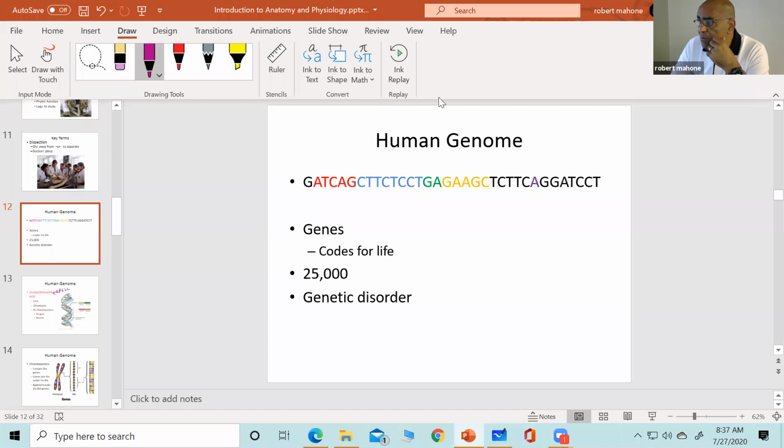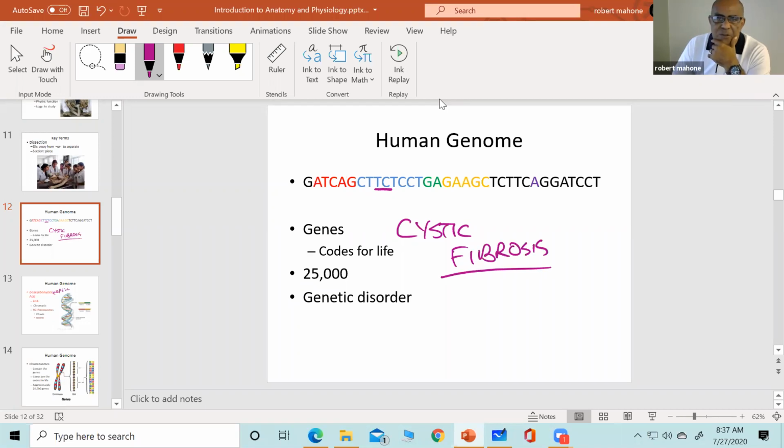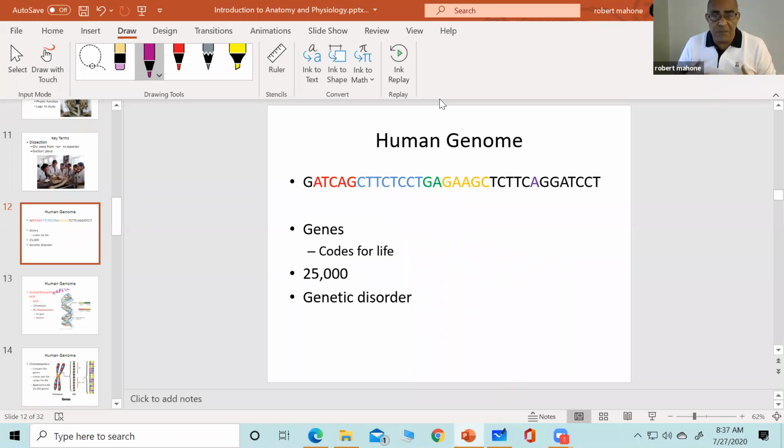Or if your mom passes you this set right there, TC in that area of your DNA, you develop cystic fibrosis in your lifetime. So scratches or mistakes in here can lead to disease in people, abnormal development, something doesn't develop right in you, or just genetic diseases in our life.